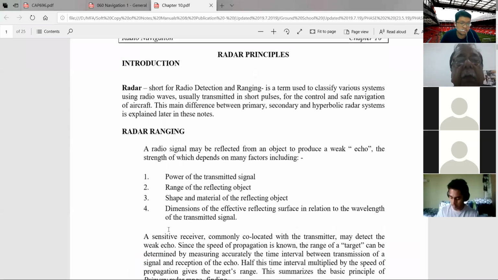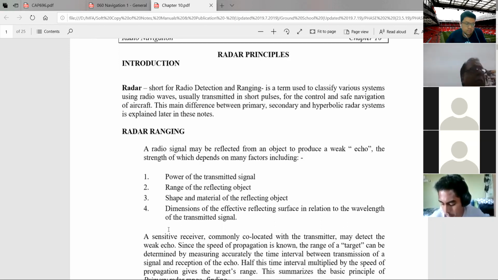Okay. Now, from the very beginning, I have told you regarding the basic radar principle. Now, when we talk about this basic radar principle, there are two aspects involved. One is the range, the distance, and the other is the bearing. The range is measured by the normal echo principle, and the bearing is by a principle called the searchlight principle, where you rotate the radio beam from a transmitter on the ground 360 degrees in a clockwise manner.